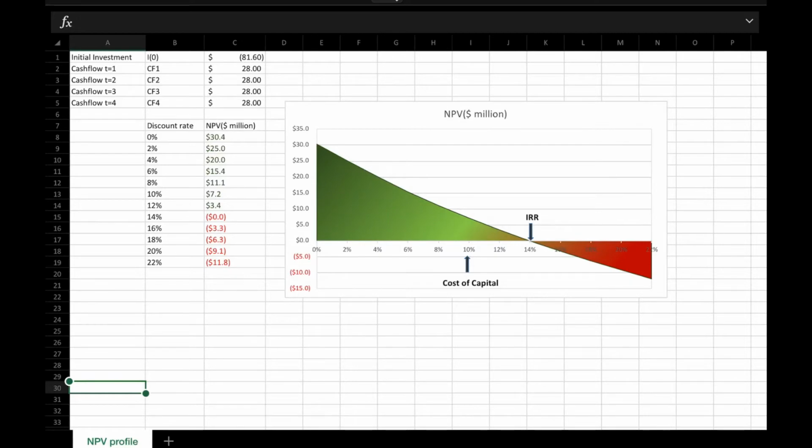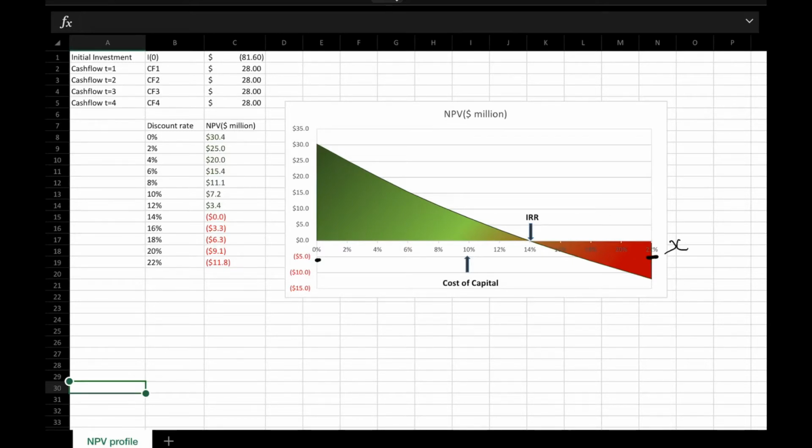So again, as you can see here on the horizontal line, or the x-axis, you see a range of different interest rates starting from 0% to an arbitrary number, 22%.